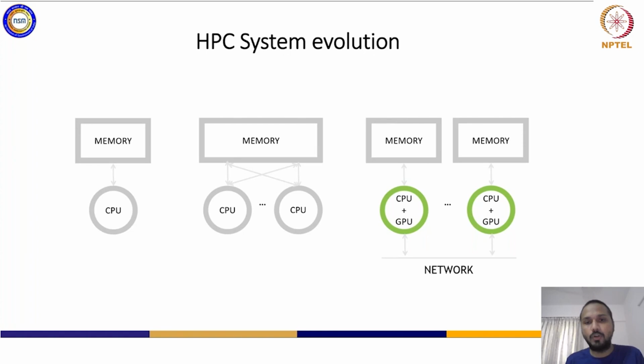So now you have distributed computing, but within it you don't just have the CPU, you also attach a GPU, and you do all those parallel operations and multitasking on the CPU and GPU.